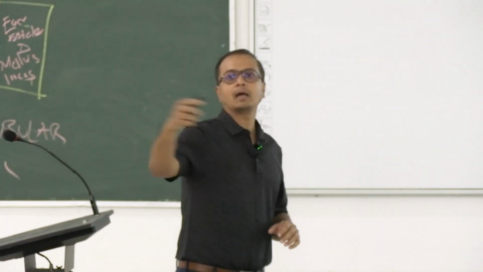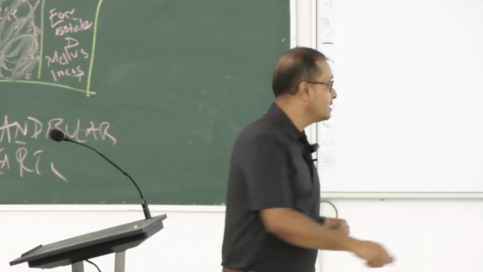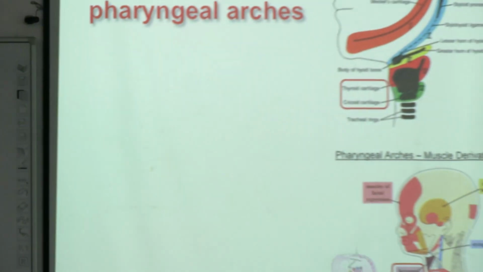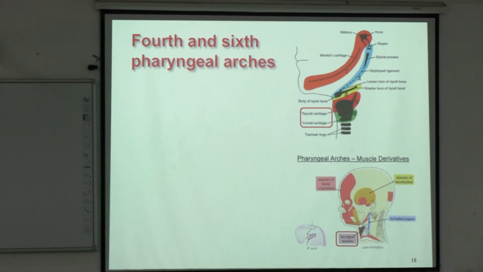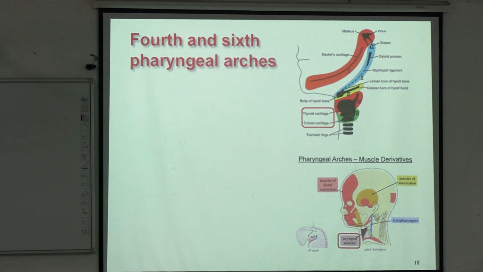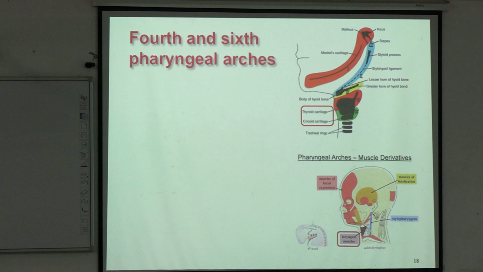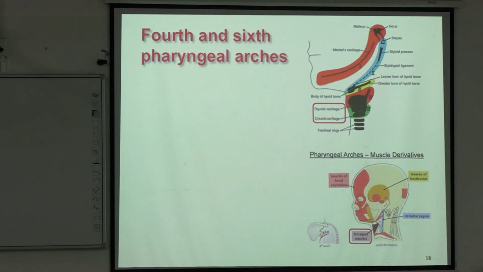Coming to the 4th and the 6th, again the same rule, but these are easy for us. The cartilages produced from here are the cartilages of the larynx, or voice box. All the laryngeal cartilages are contributed together by the 4th and 6th pharyngeal arches.